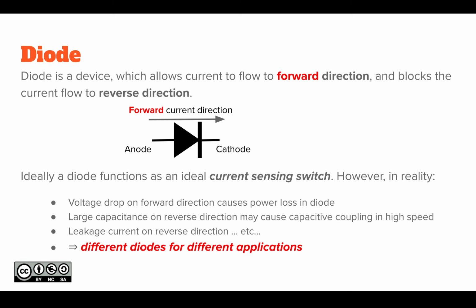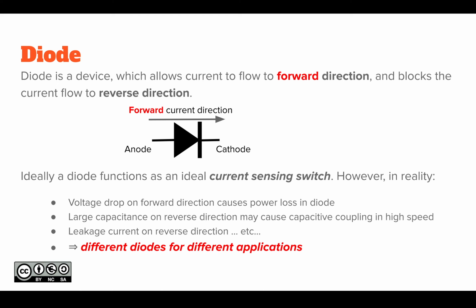If the voltage on the anode side is bigger than the cathode, then the switch is on and the current flows, and on the opposite side, when the cathode voltage is higher than the anode voltage, then the current flow is cut off, so it's open, or a current sensing switch or voltage sensing switch.